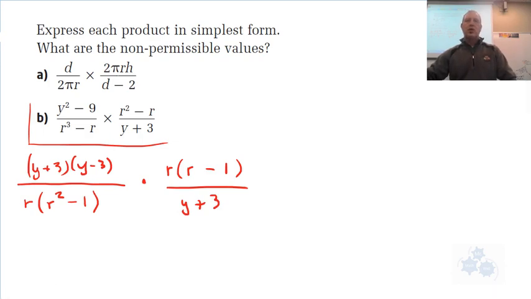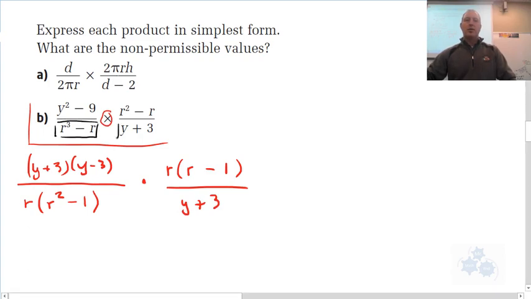All right, so the original question was a multiplication, so as far as restrictions go, I only need to focus on this and this. Okay, just those two. So restrictions, x cannot equal. Well, it cannot equal 0 for this one. You know what I'm seeing here? I'm seeing that we could factor this further. It might be a little bit easier when we do restrictions to factor this further.